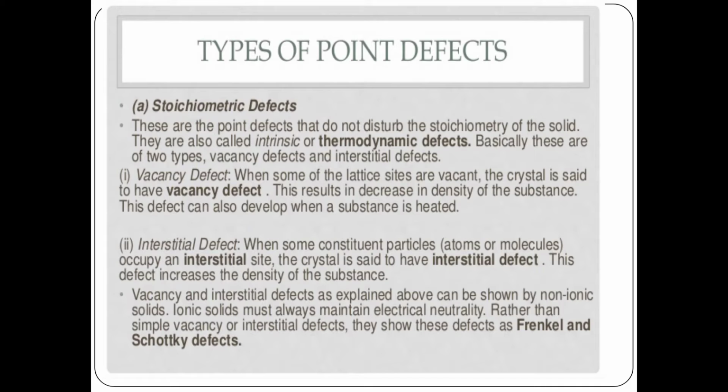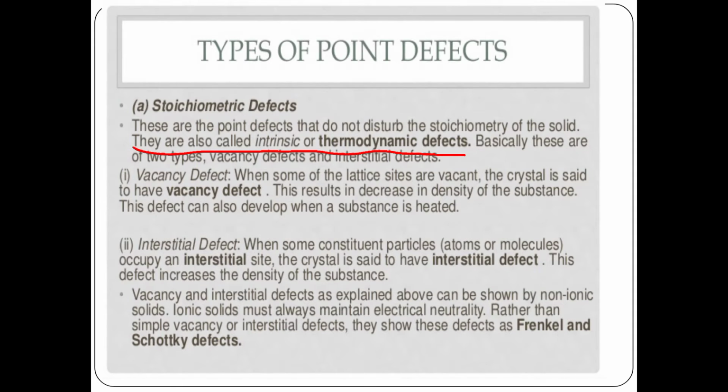So there is a certain arrangement and a certain number of reactants which give the product. Such things are known as stoichiometry. There are point defects that do not disturb the stoichiometry of the solid. These are called intrinsic or thermodynamic defects. That is, the stoichiometry of the compound or the solid will not change due to such defects.